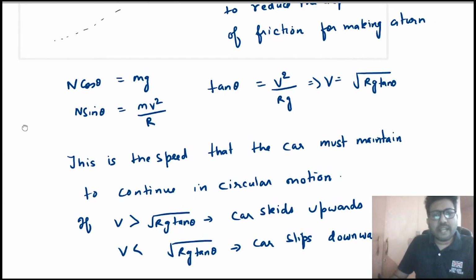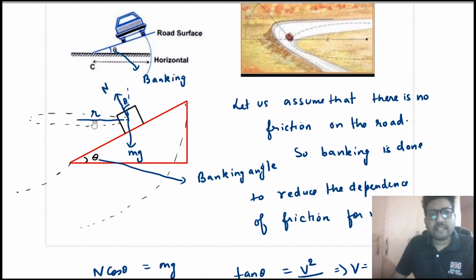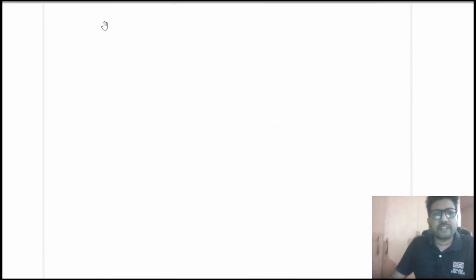But you know that the road also has friction, right? We have done this case assuming that there was no friction, but the road will also have friction.